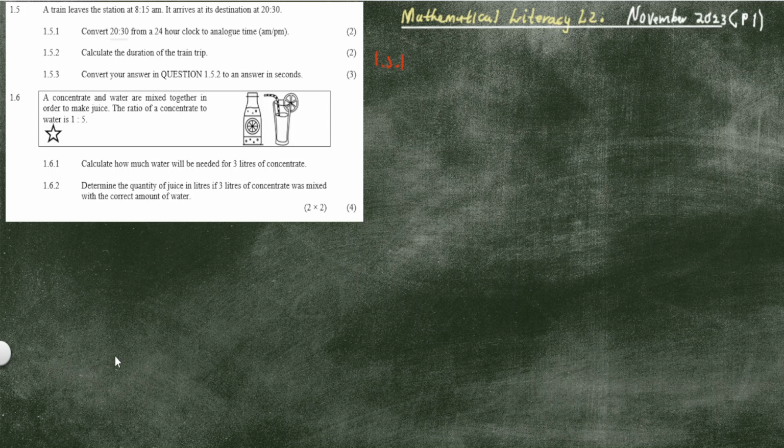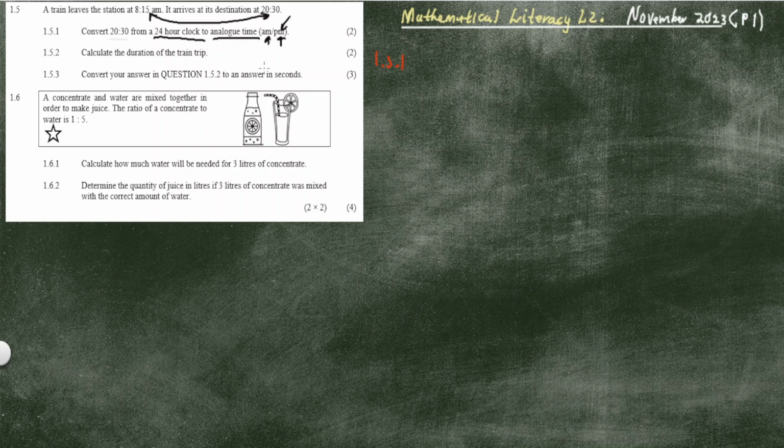So this is something that you should know. We did time conversions in class, yeah? Module 1, time conversions between the analog and the digital clock, right? So the 24-hour clock is the digital one. The analog uses the AM, PM system. Now, 20:30, that's actually in the evening.